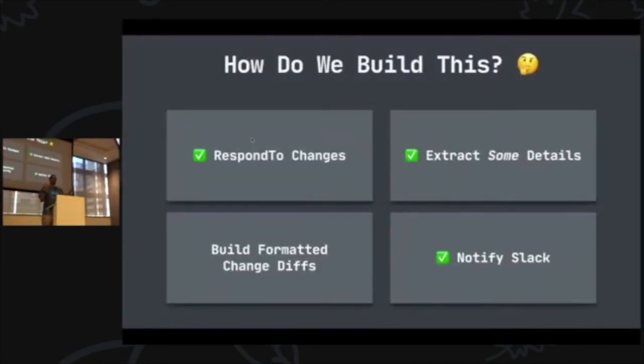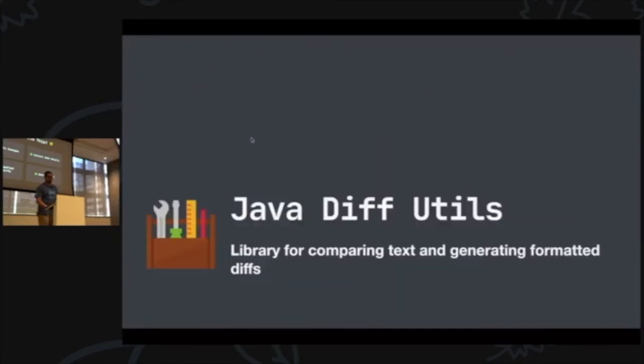Now we know how to respond to changes in remote config. We know how to extract at least some of the details, the new version of the set of values and who changed it. We don't yet know how to actually parse the specific changes though, or how to format them into something meaningful. But we do know how to notify Slack. So we're going to focus in on just this sort of third box here for this demo.